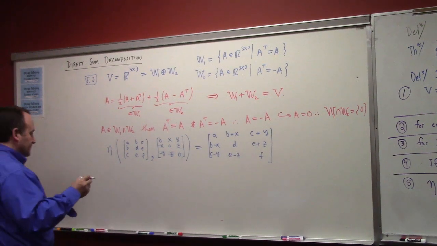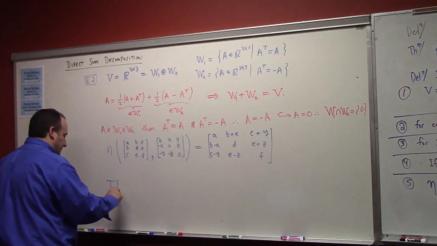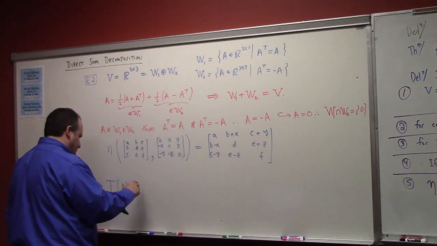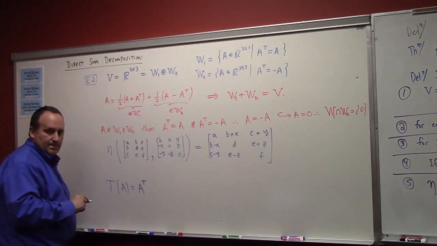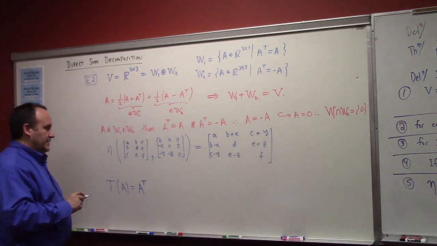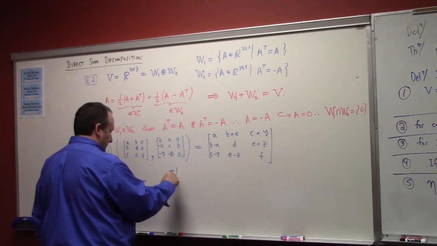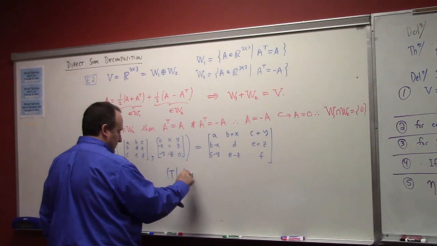What's more interesting is if you look at the transformation T of a matrix A equal to A transpose. So if you look at T restricted to W1 of A, what's it equal to?